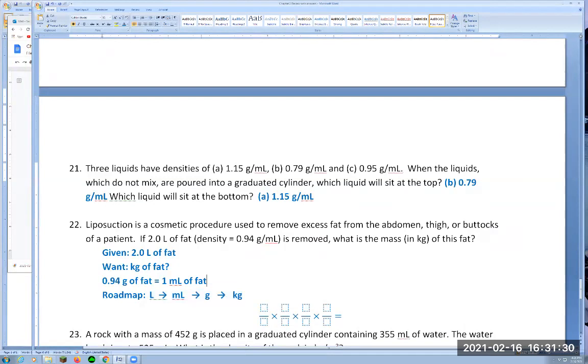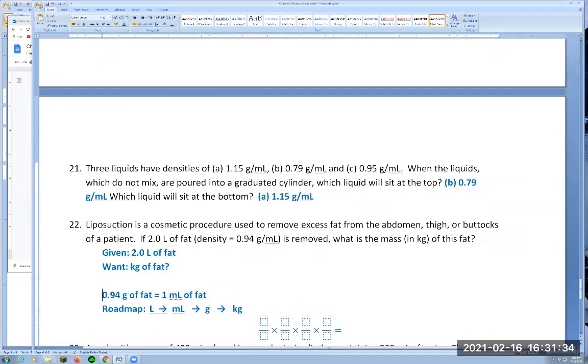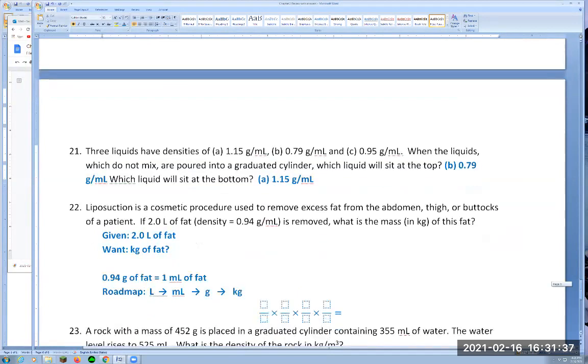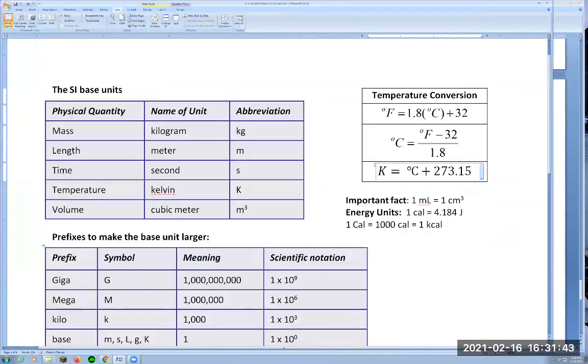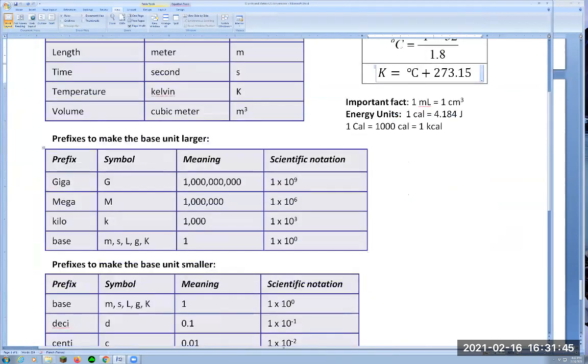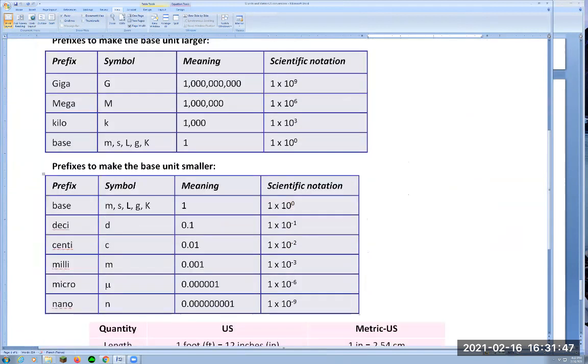So let's gather all the equalities. So we have the density for one of them. We need the liters to milliliters. So you go to this document, liters to milliliters. 1 milliliter is 0.001 liter.